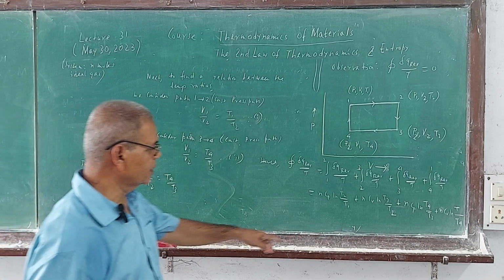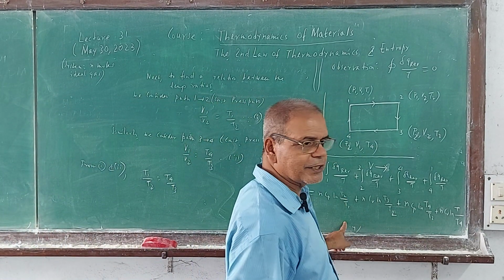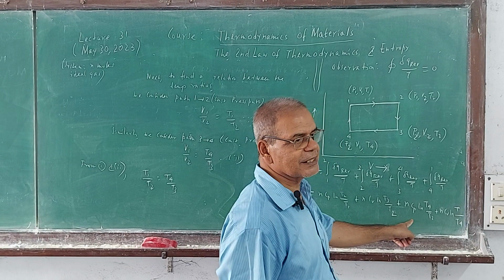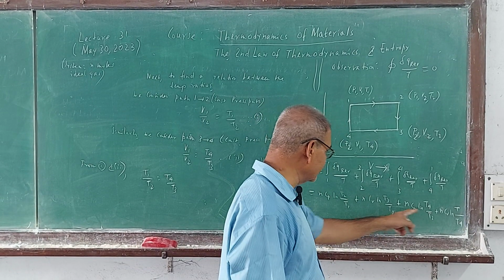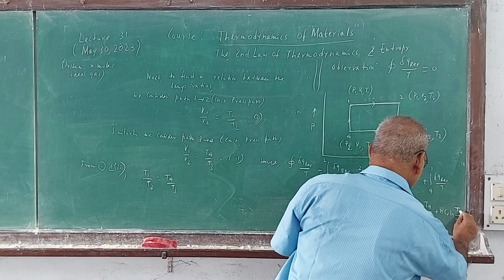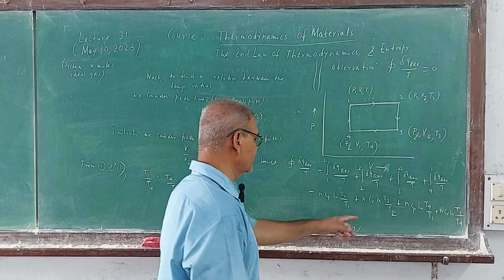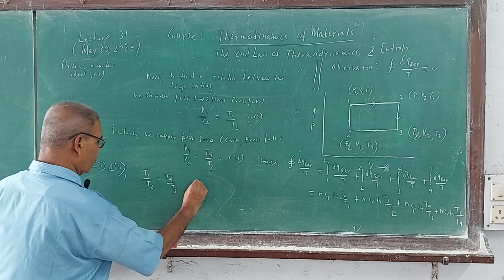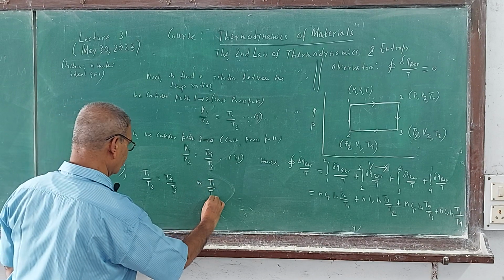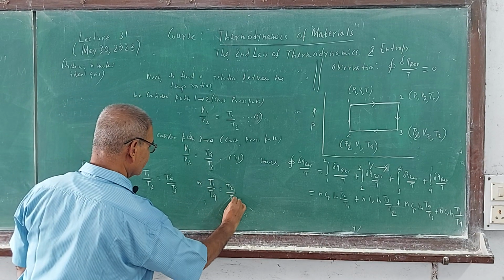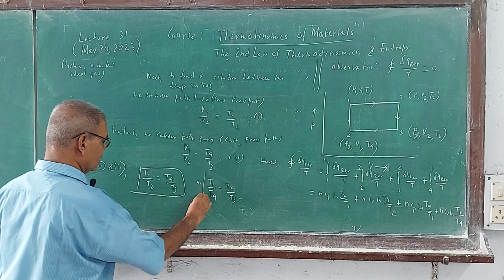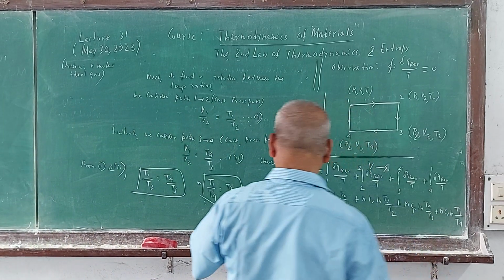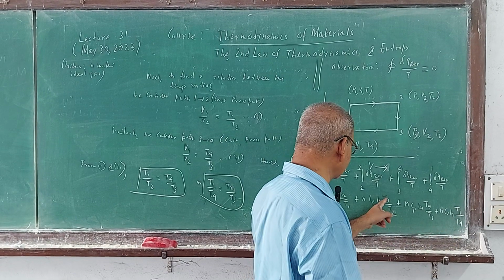Then T1 by T4 is T2 by T3, and likewise. So using this for the next one, T1 by T4 is T2 by T3. So this is T2 by T3 and this is T3 by T2.